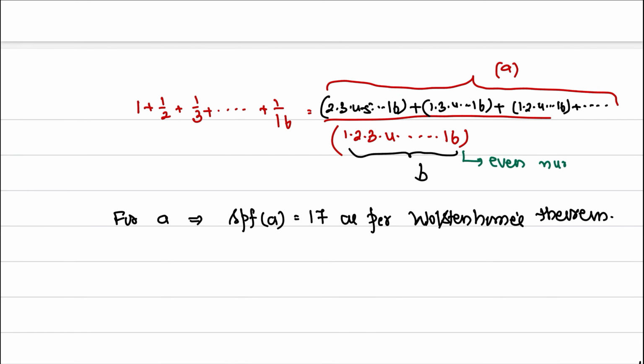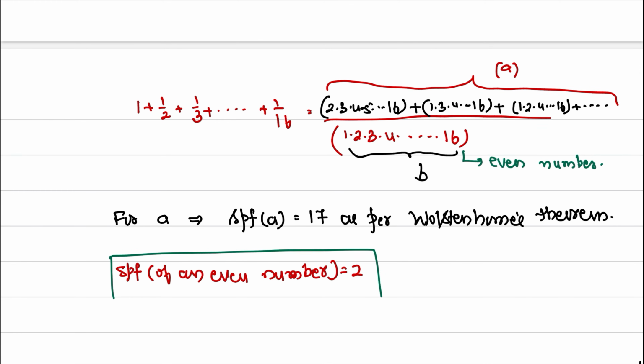For an even number, what is the smallest prime factor? The smallest prime factor of an even number is 2. That is the smallest factor. Very important. For odd we don't know. We have found out from Wolstenholme's theorem. For even it is a direct value, that is 2.